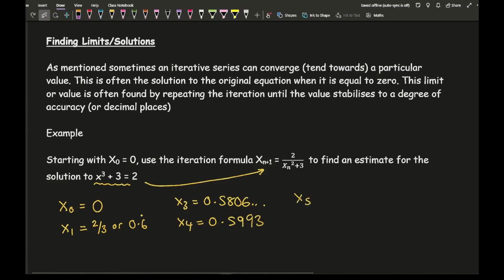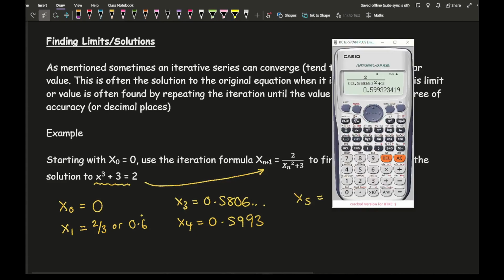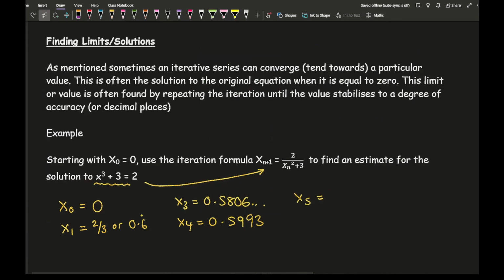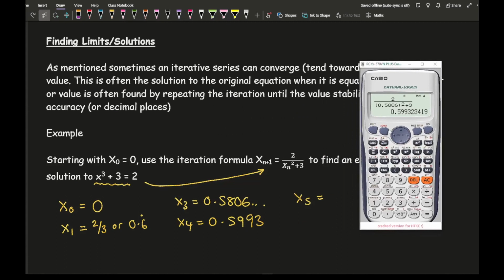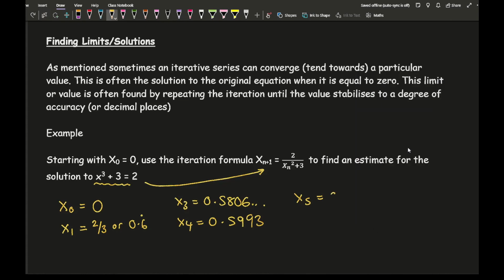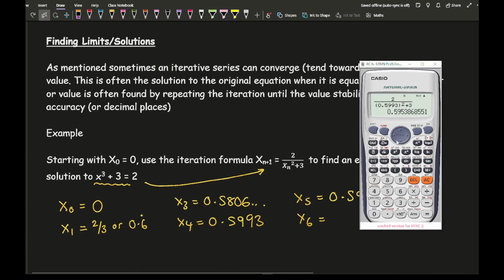Then I work out x4. Again I go back to my calculator and change this digit to 5993, press equals, and it comes up with 0.5953. Then I type in x5, and I carry this forward until the number stops changing.